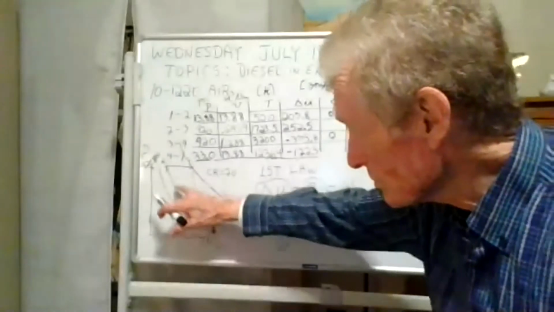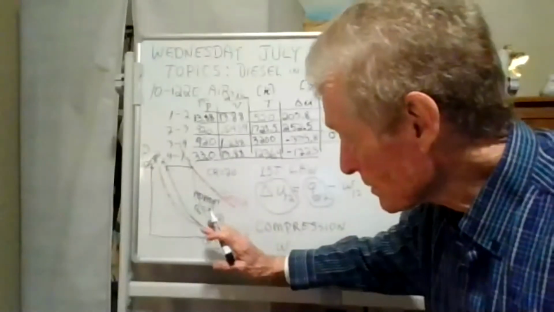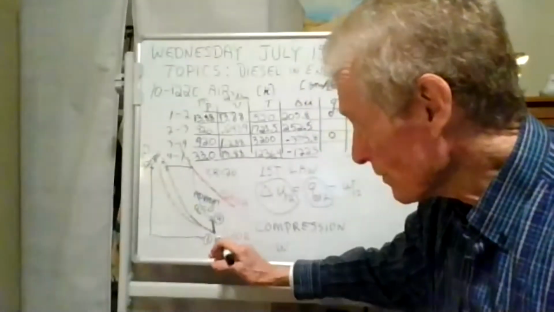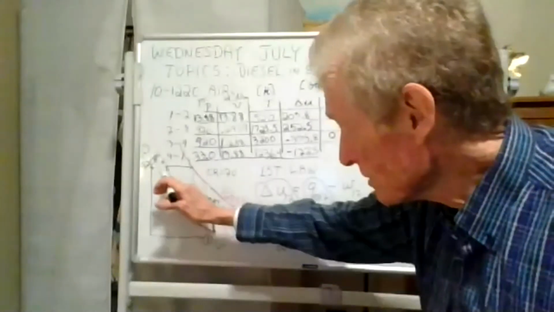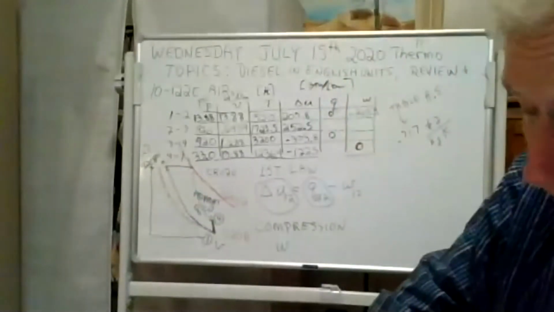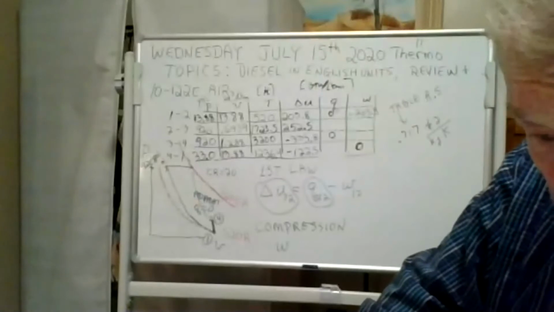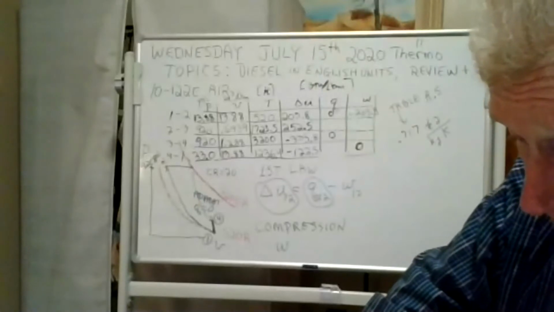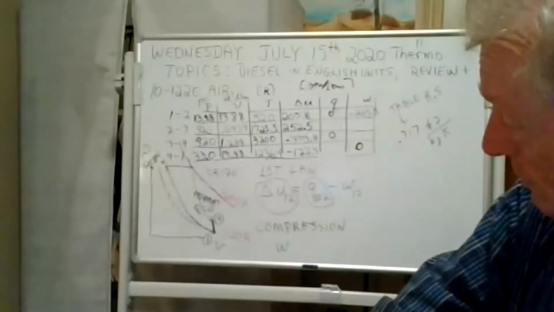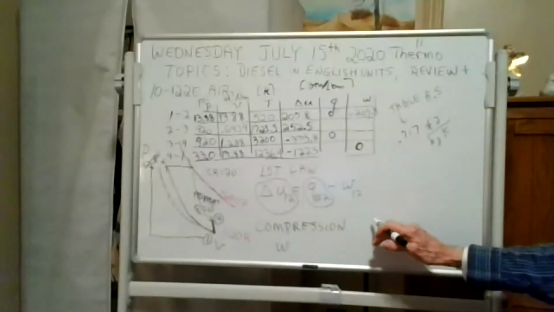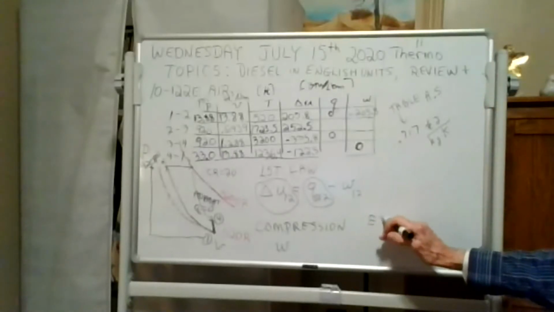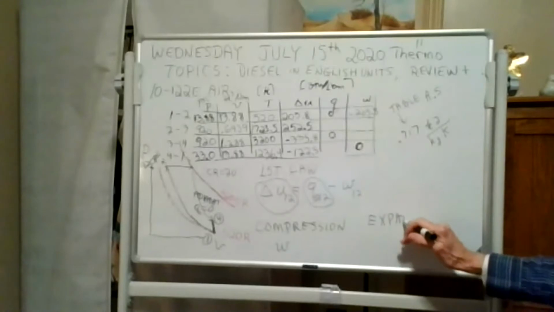Going from 1 to 2, do you notice that the volume gets smaller? Look, the volume goes from here to here. In fact, it's 20 times smaller. So it's compressing. Compression work is negative. And Roxana, what do you think about expansion work?